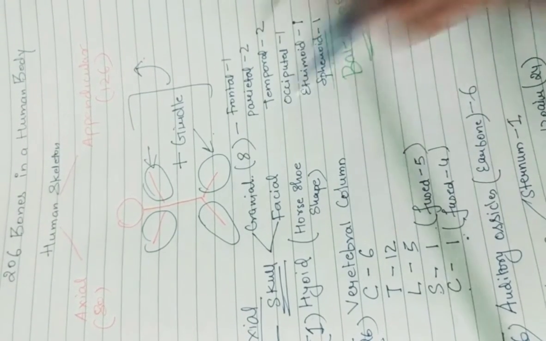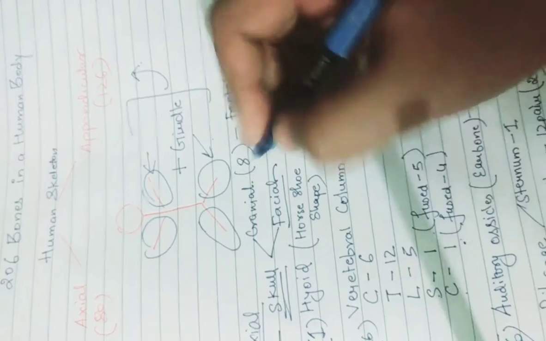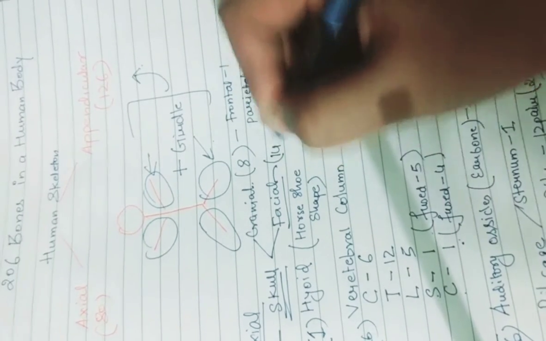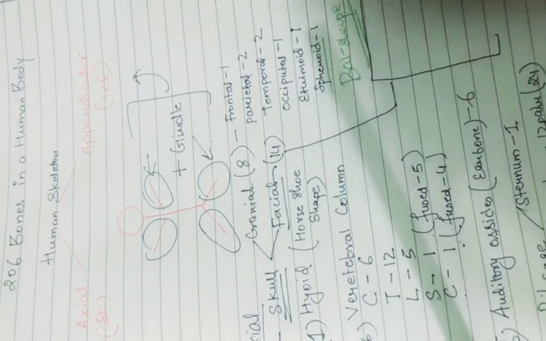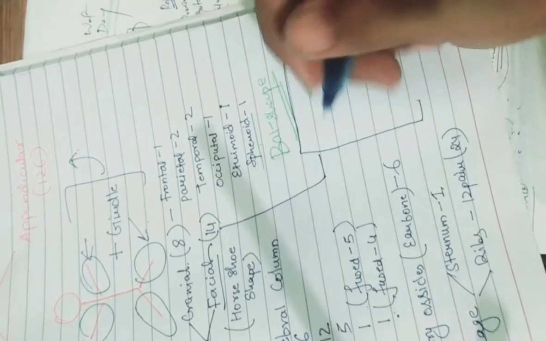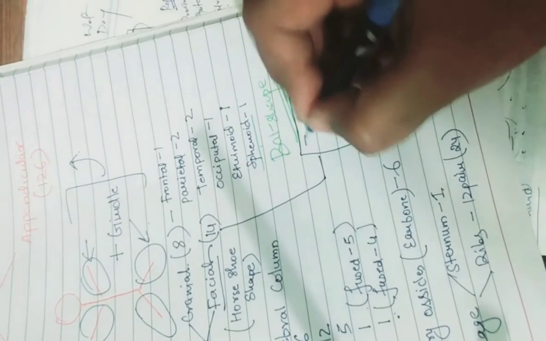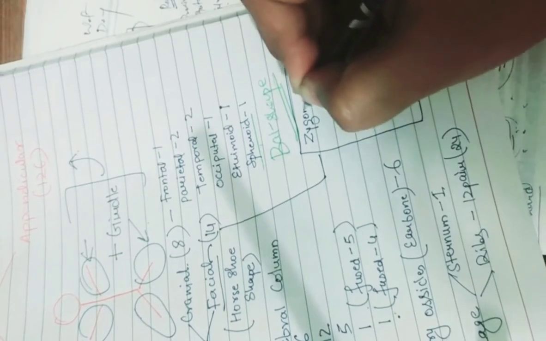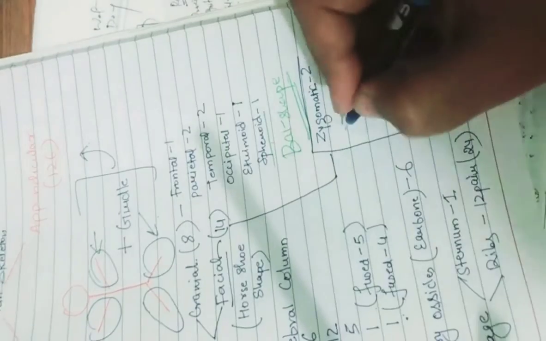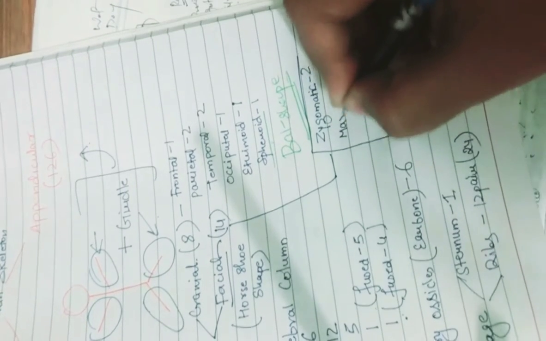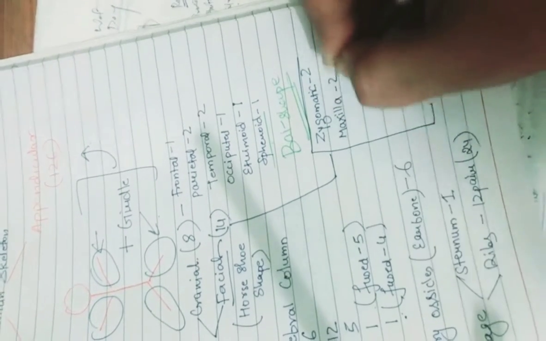Then we will talk about the facial bones, which are a total of 14 bones, and we will study them here. How do these facial bones come up? One is your zygomatic. These are a total of 2, one on each side of your face. Maxilla, your 2 bones.